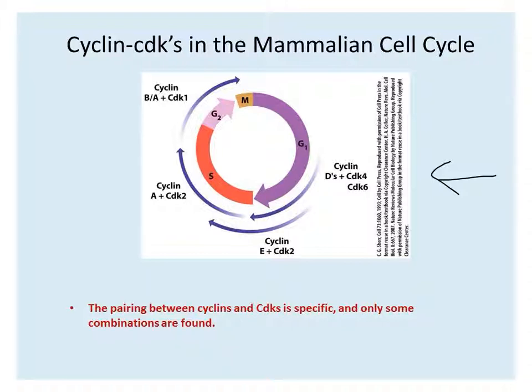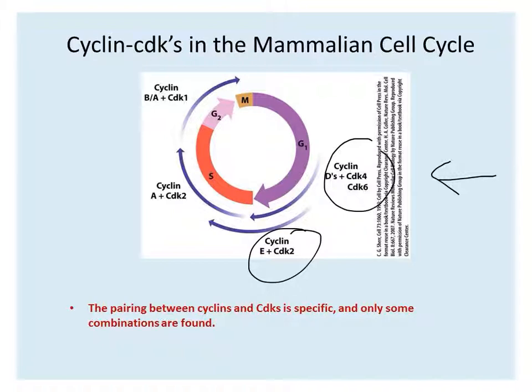Unlike yeast, which have one CDK called CDC2, which happens to be in fission yeast, S. pombe, they have found that mammalian cells have more CDKs and more cyclins. Progression through G1 and initiating S phase requires CDK4 and 6 plus the D cyclins, and there are multiple types of D cyclins.